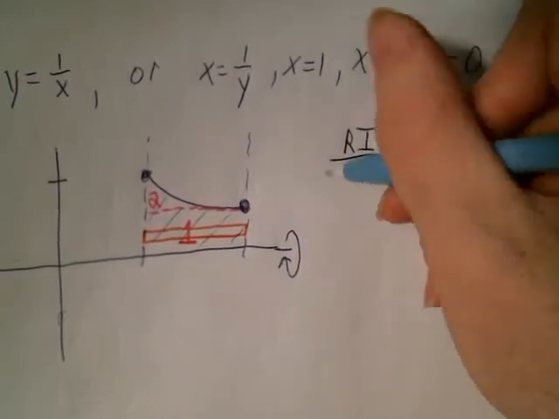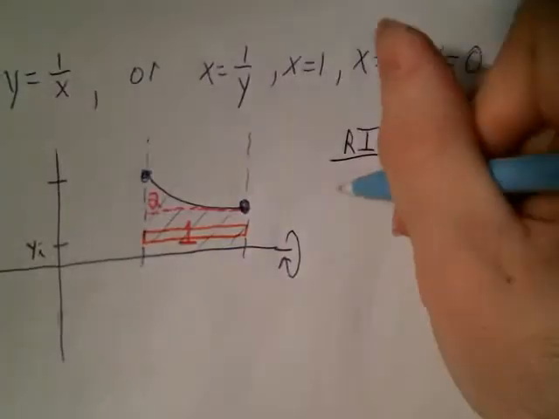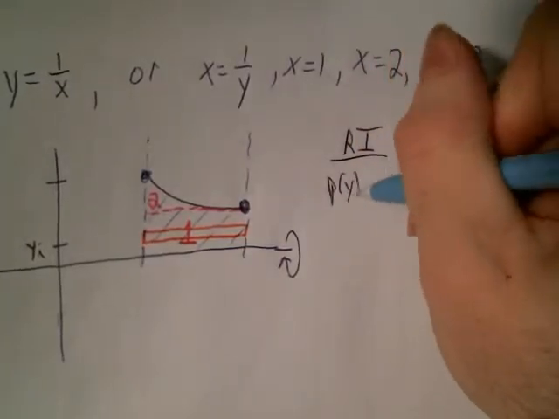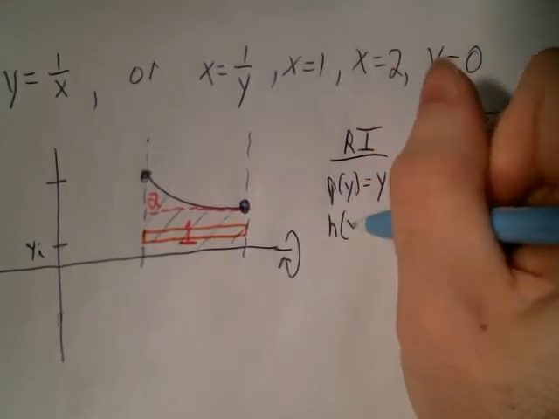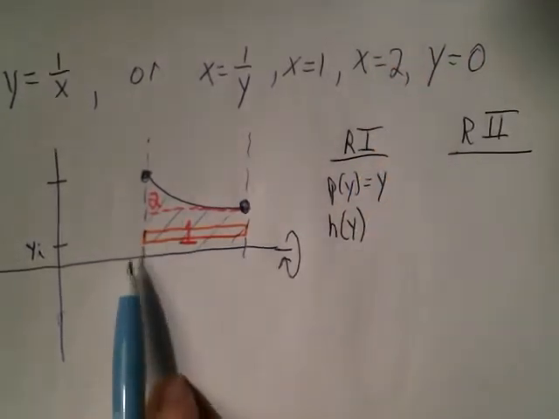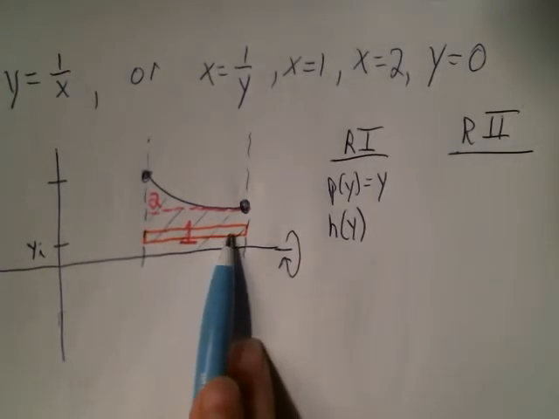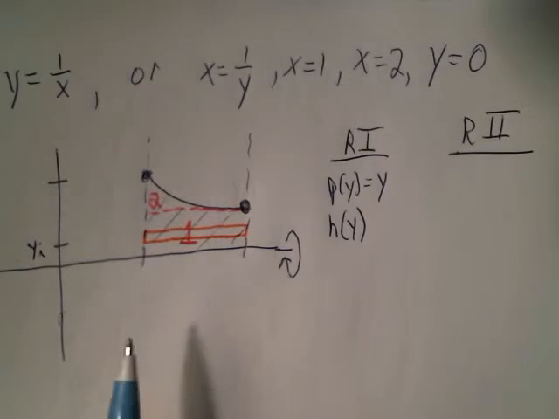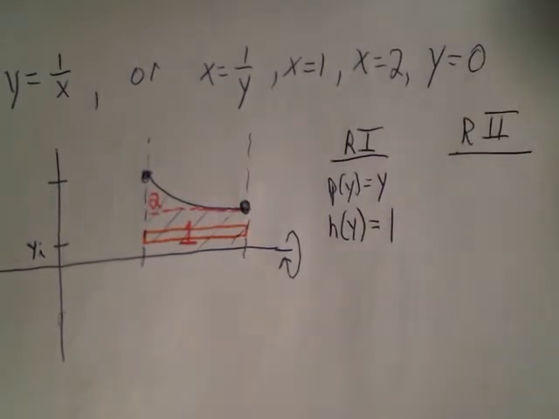So in region 1, as usual, our radius function, p of y, is just going to be y, but the height function, like I said, is constant. It's always going to be 1, right? The length of this thing from here to here is always 1, so h of y is 1.